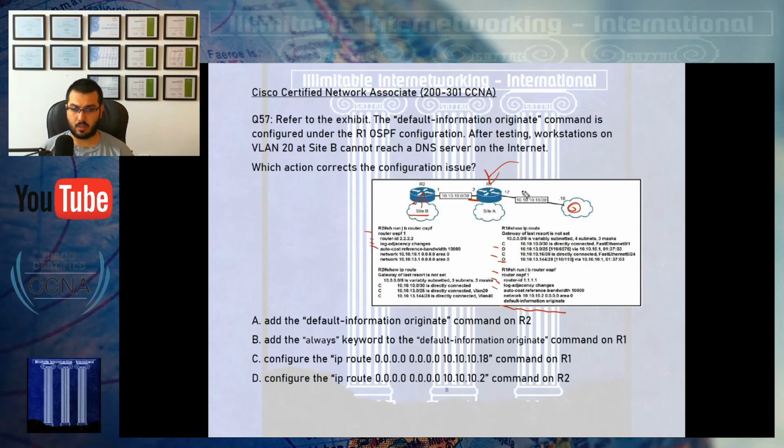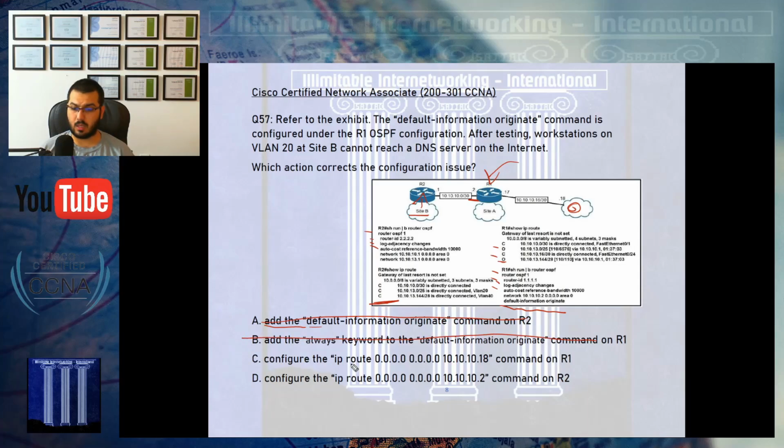That's why R2 did not receive any OSPF route from R1, nothing in the routing table. So let's see the possibilities. Add the default information originate command? No, this will not affect it. Add the always keyword to default information originate? This one also will not do it.